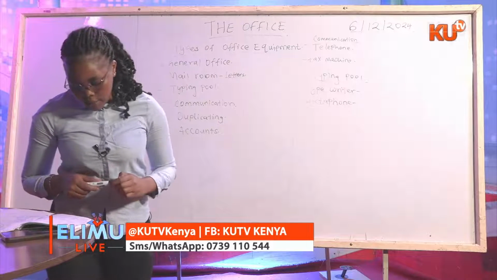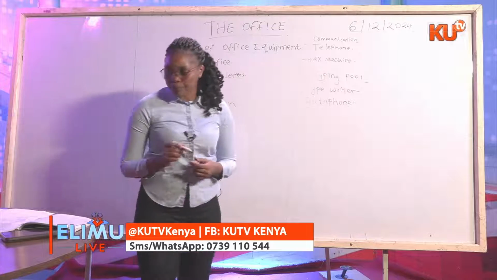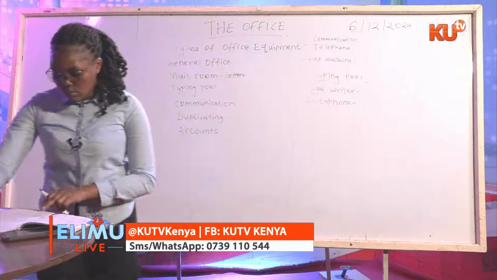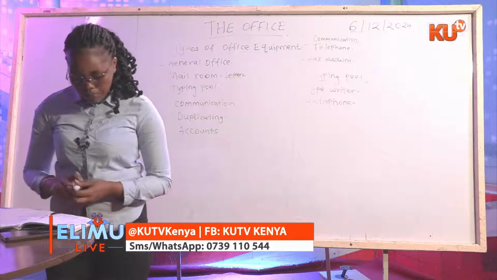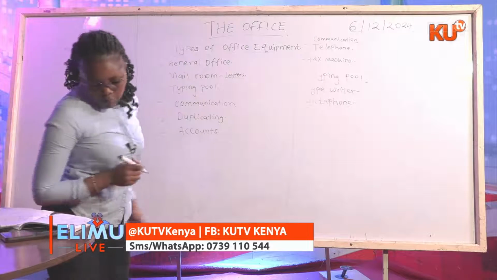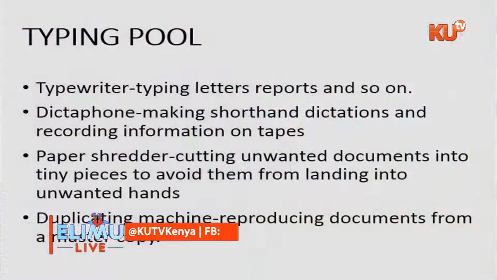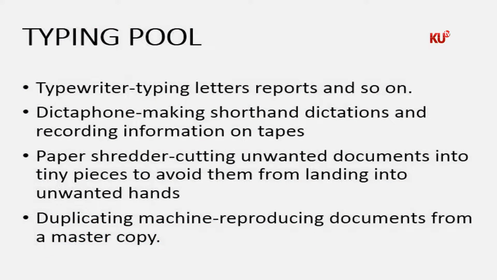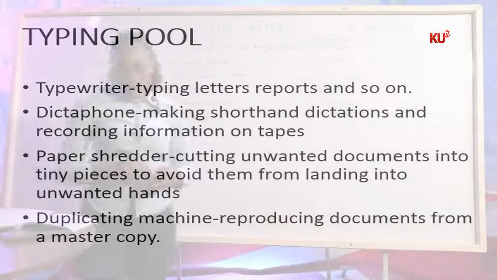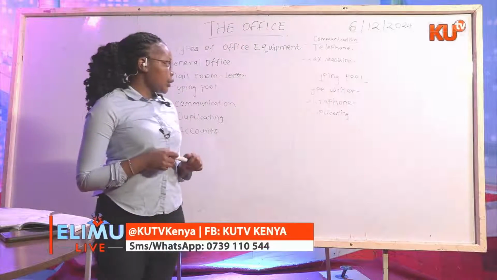Then the next one we have is also a duplicating machine. This one is used for reproducing documents from a master copy.